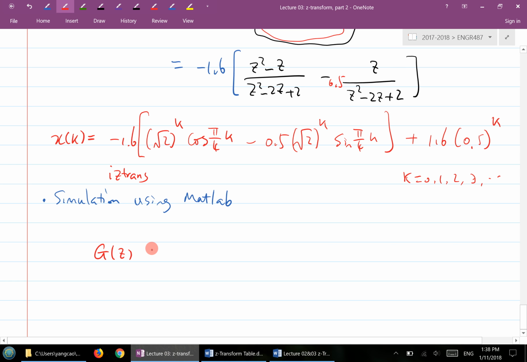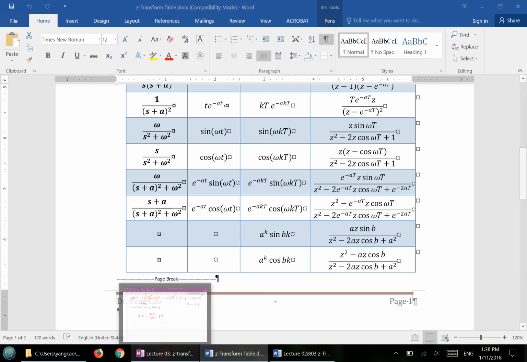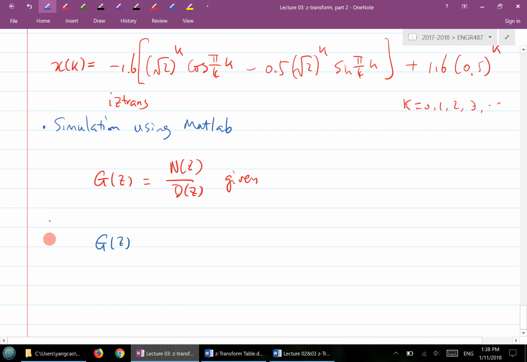So let's say g of z equals n of z over d of z is given. If you're given this, you should always try to think of this given g of z as a system concept, which basically means g of z equals your output over an input.